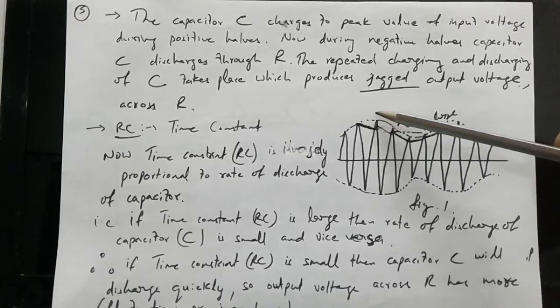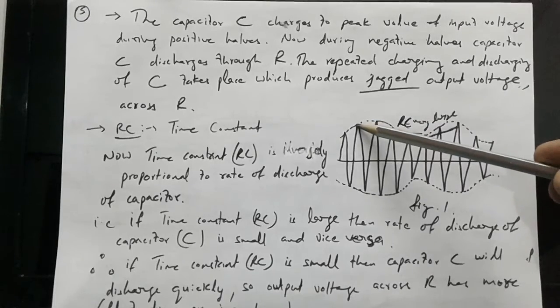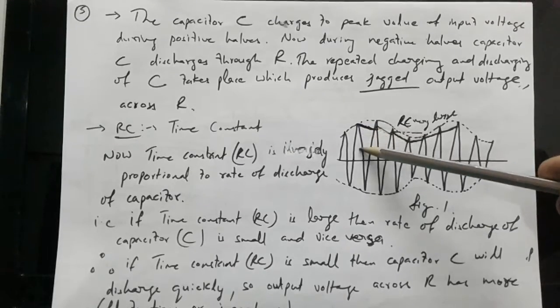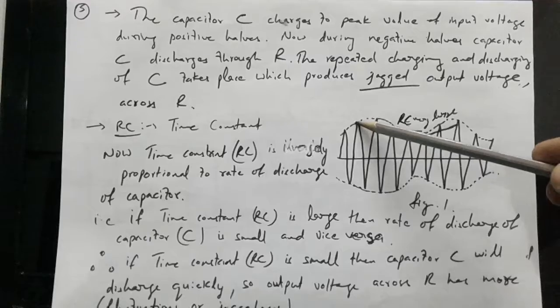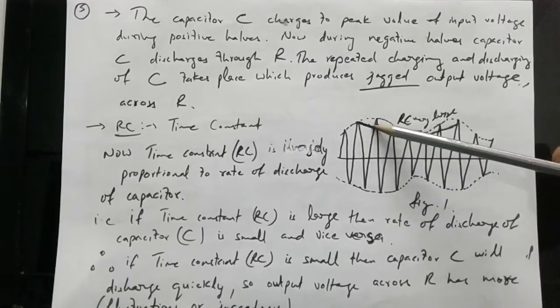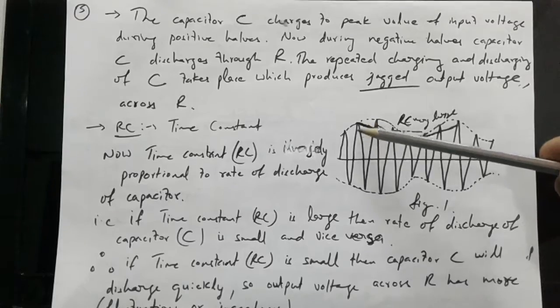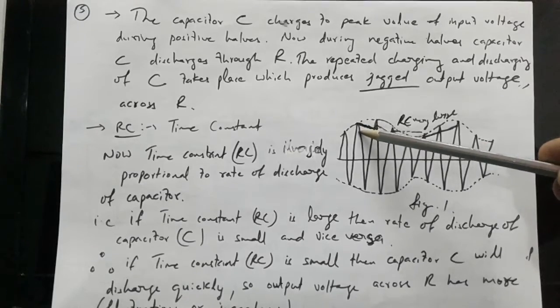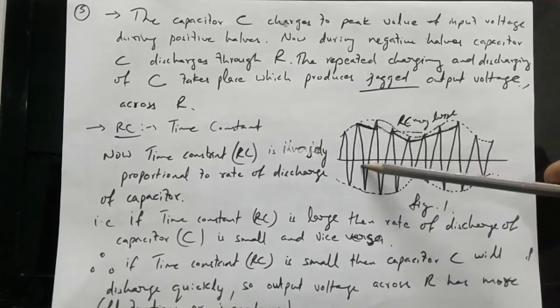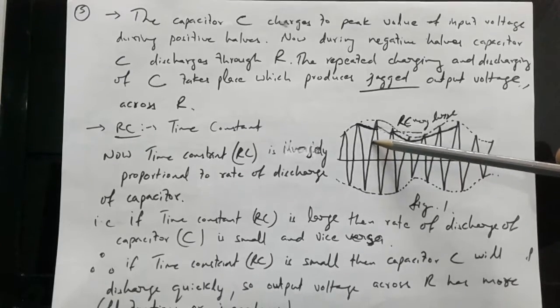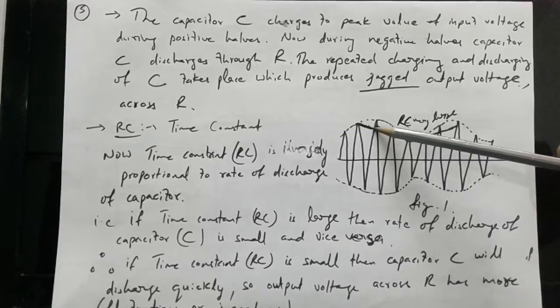and as the voltage of the AM wave starts decreasing, the capacitor starts discharging. Meanwhile, the AM wave becomes minimum, and after that it again starts increasing.